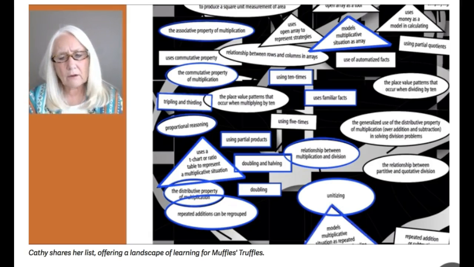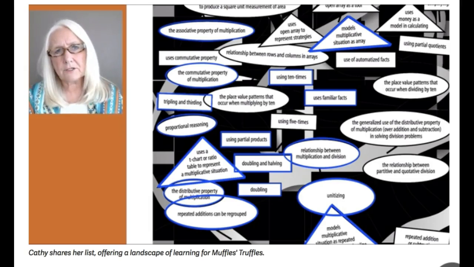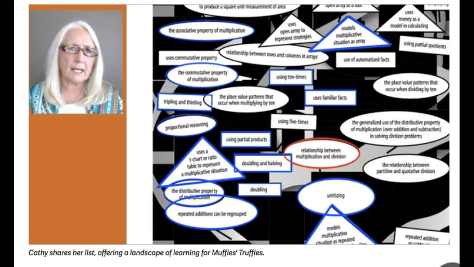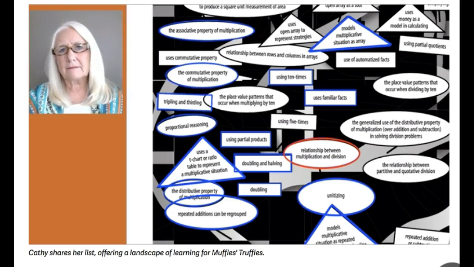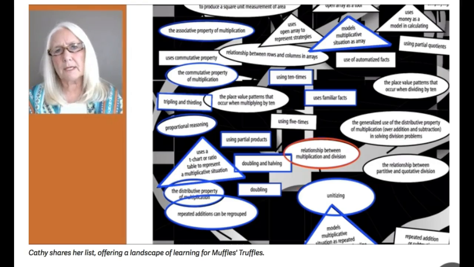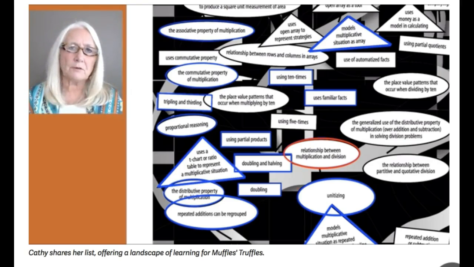Now, this unit also brings in the connection between multiplication and division. So early in the unit, the children are investigating how many boxes of 10 truffles are needed. And this, of course, is really, you and I know, division by 10. As children are solving it, they may not be thinking of it as division by 10.